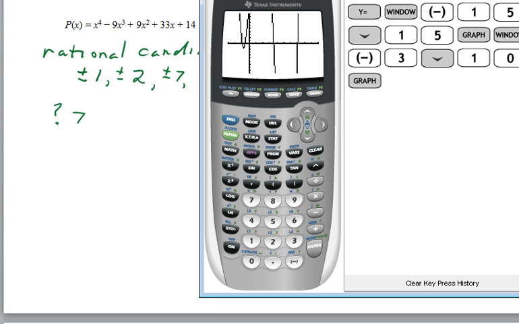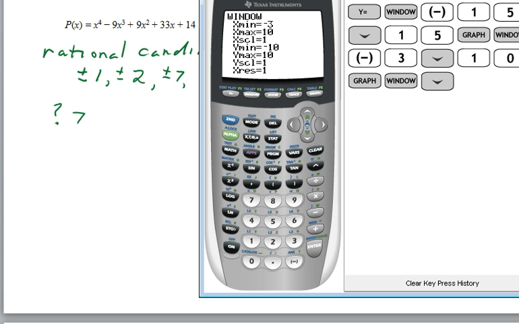The others are a little less clear to me. I'm going to come in and make the x max 5. We're not going to be able to see a 0 at 7, but we maybe will see the others a little bit better.